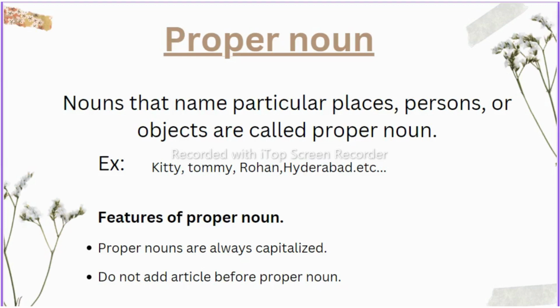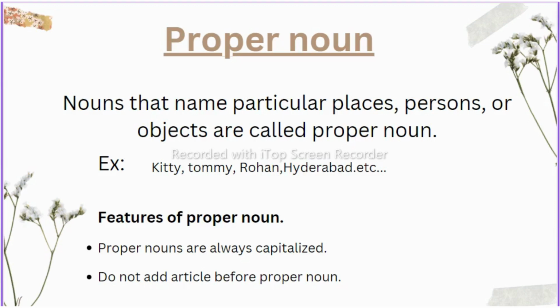But if we talk about the specific brand of the car like Volvo, that is a proper noun and it takes a capital V. So proper nouns that name particular places, persons or objects do not take articles and are always capitalized. And a common noun is a word that does not refer to any particular person, place or thing. It gives a common name to a person, place, animal or thing of the same kind or class.